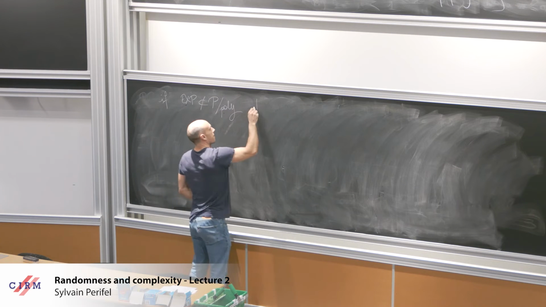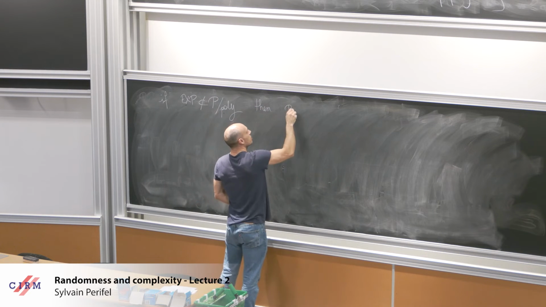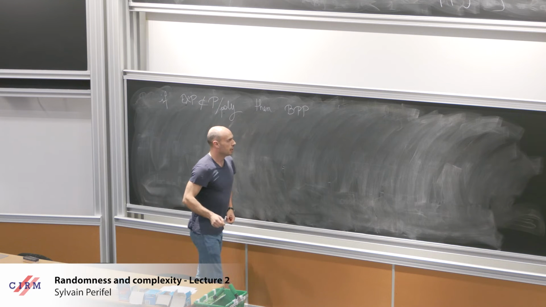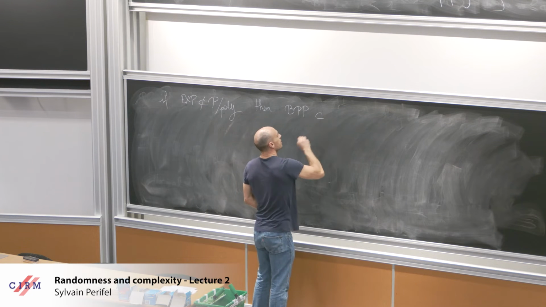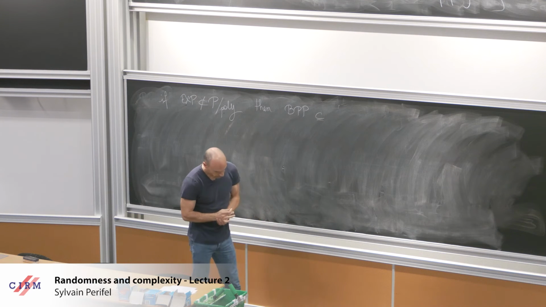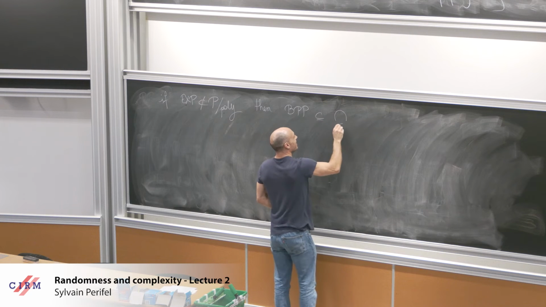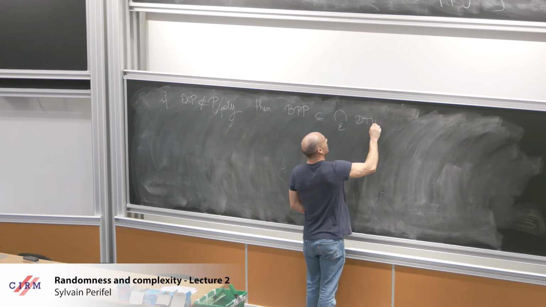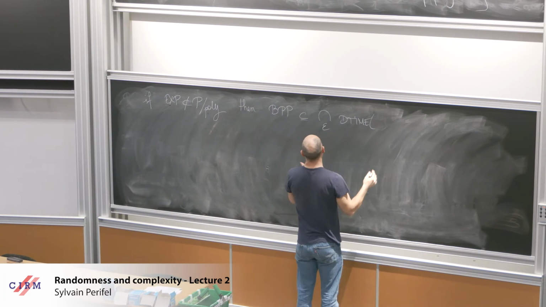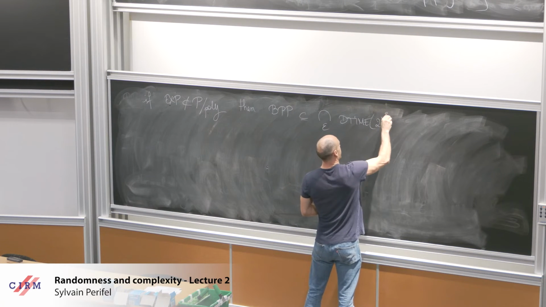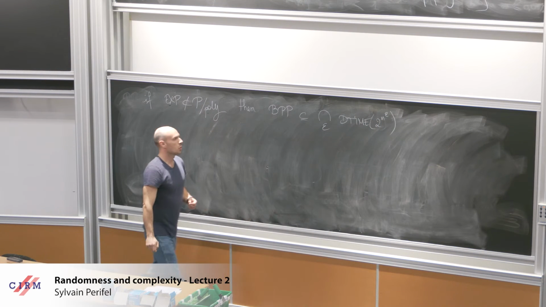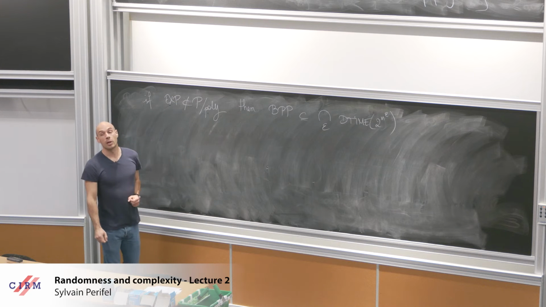Then, actually, we can de-randomize a little bit BPP. So BPP is in, okay, let me write it, a little better than exponential. Okay. So you are in 2 to the n to the epsilon for any epsilon.